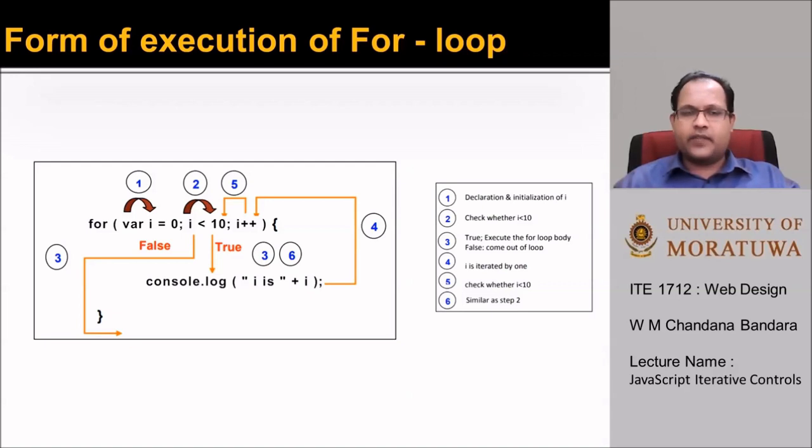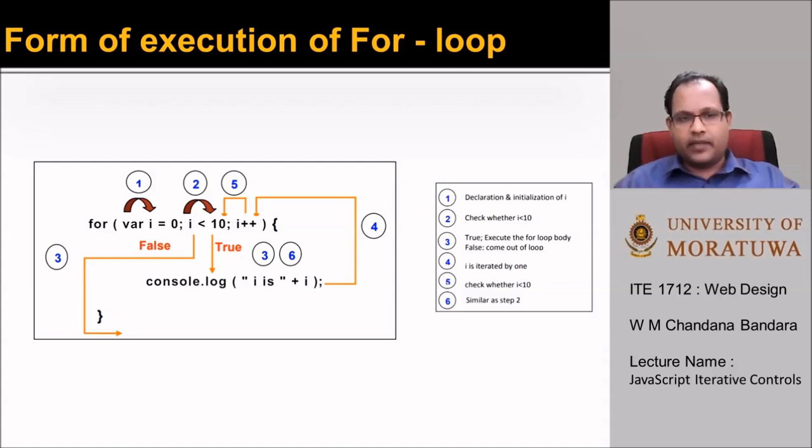So what happens when I is 10? Okay, now after I is 9 gets written in the console log, it will go back to this section and increment I by 1. So now I is 10. Now again it will go to this section to check whether I is less than 10. In this case, it is false because 10 is not less than 10.